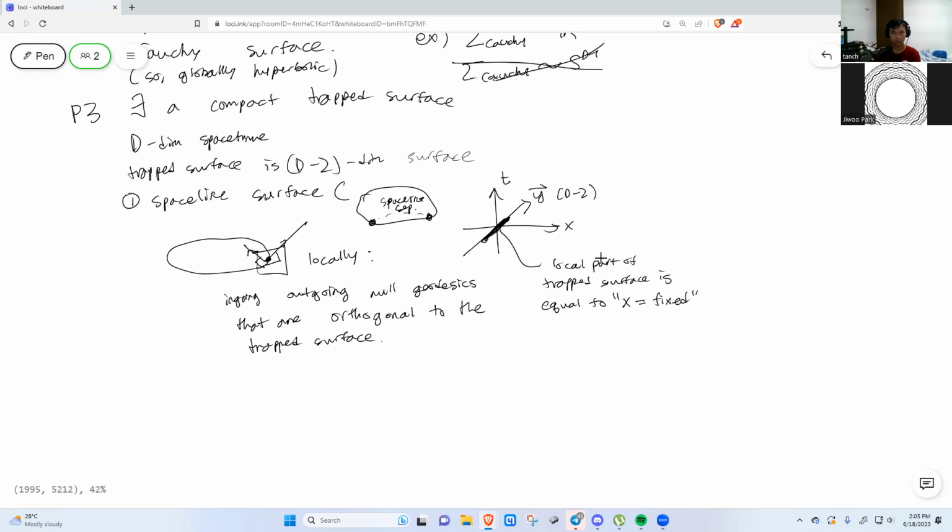Now you have two null geodesics that start at this point that are orthogonal to the y coordinates. Therefore, they will not have any y components.